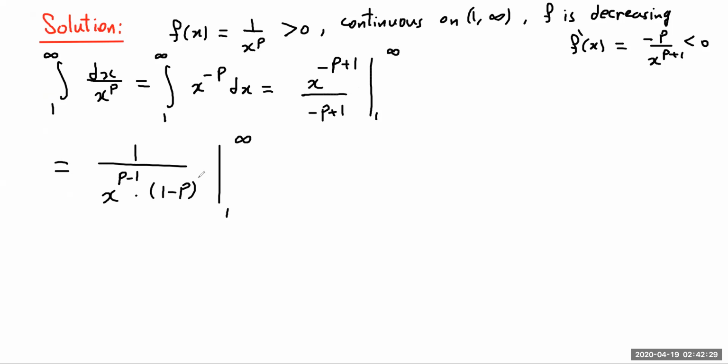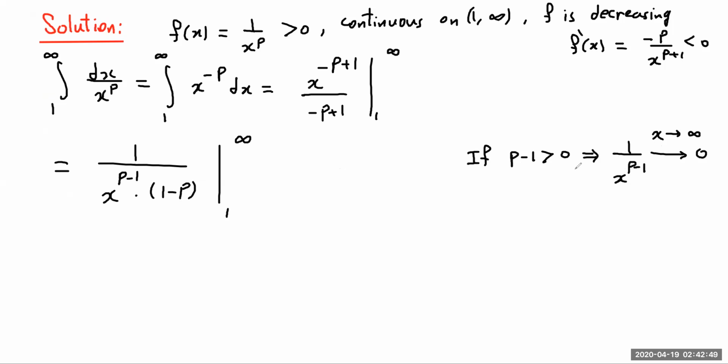So if the number b minus 1 is positive, then 1 over x power b minus 1, when x goes to infinity, will be 0.